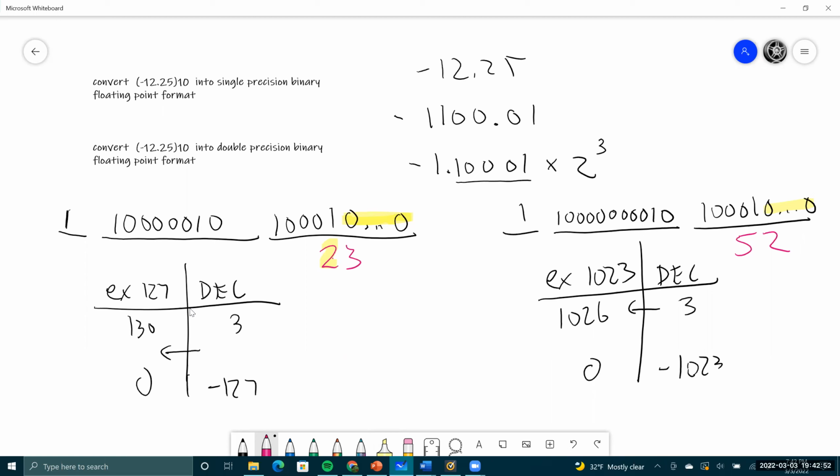Even though I just put the dots, it means there's a whole bunch of zeros. I don't want to write out 48 zeros, but you need to know there are going to be 52 total digits here and a total of 23 digits here. Does that make sense? Yes. Yep.